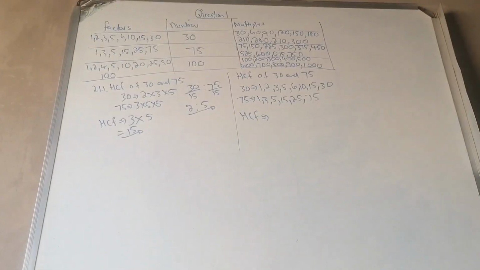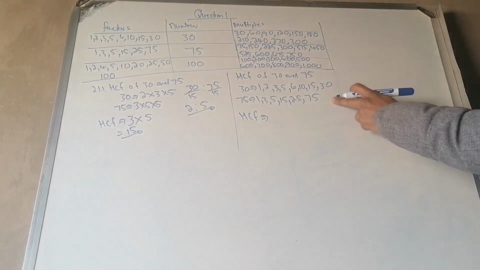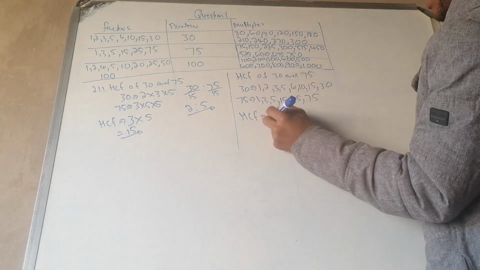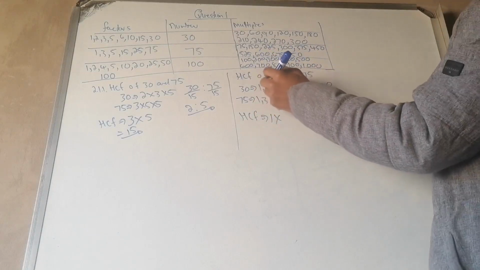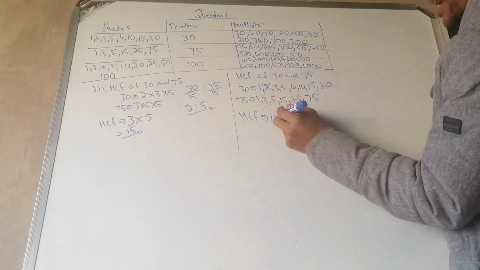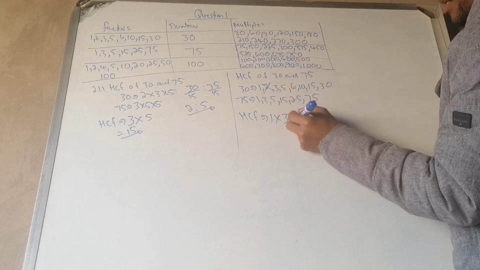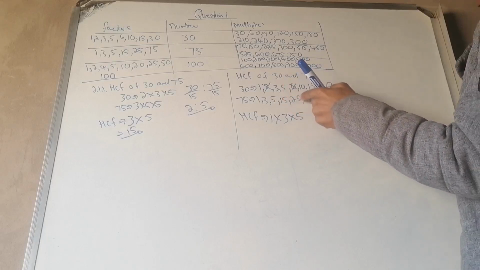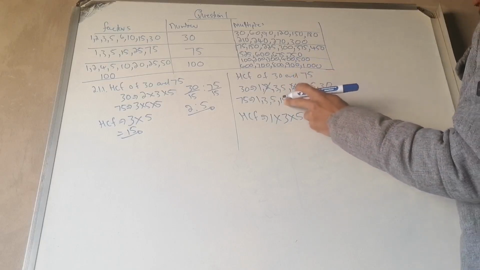The highest common factor has to be a number that appears in both lists. That is the rule. So we check each factor: 1 is in both, 2 is cancelled, 3 is in both, 5 is in both, 6 is cancelled, 10 is cancelled, 15 is in both.